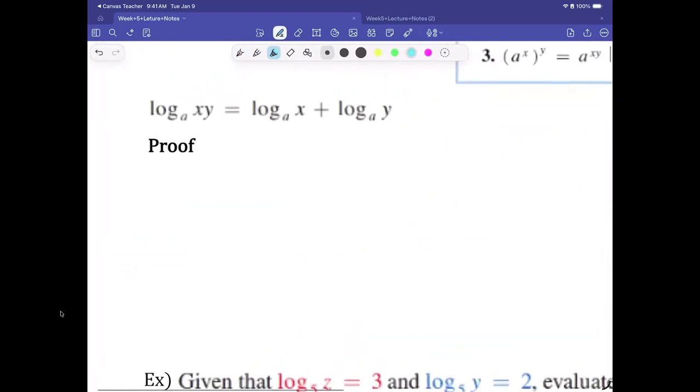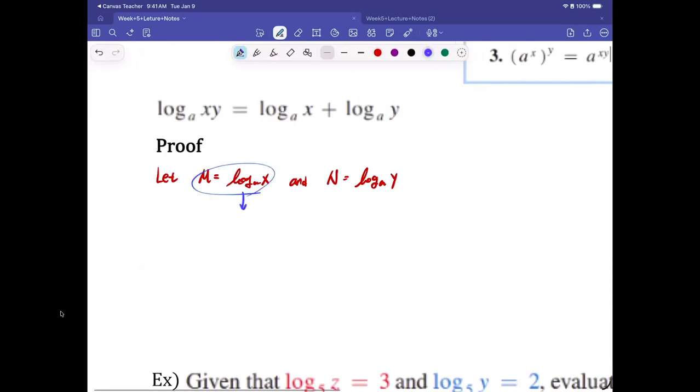I'm going to prove to you why this formula is true: log base a of xy is equal to log base a of x plus log base a of y. So let m be the log base a of x, and n be the log base a of y.